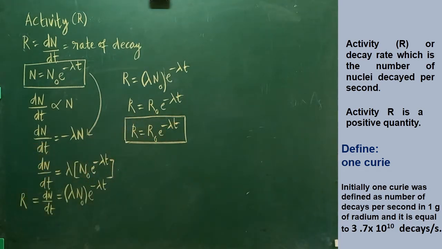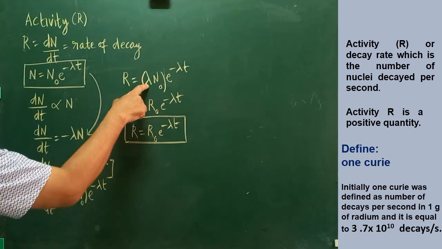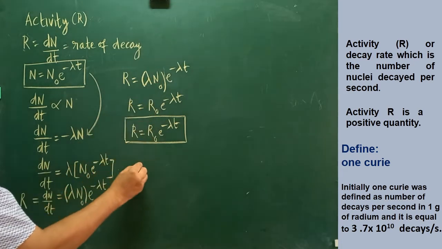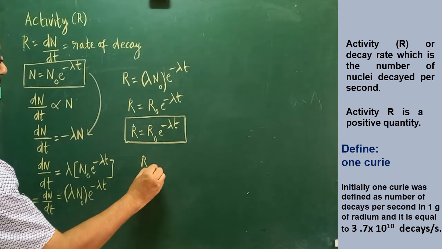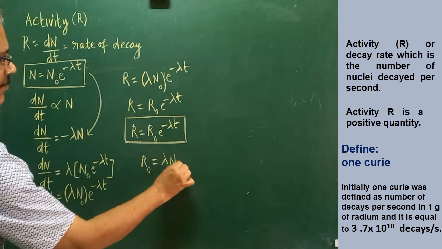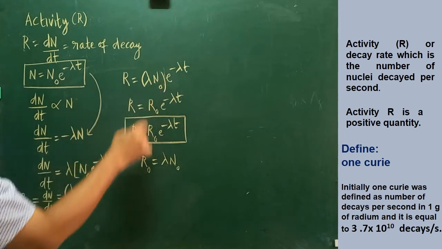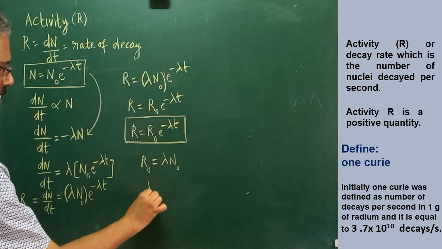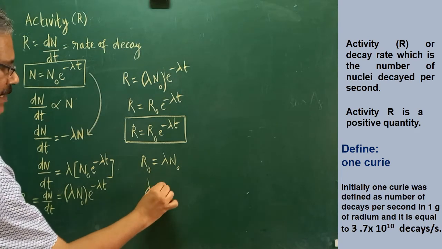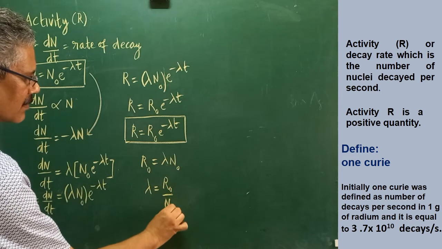Here, lambda N naught was replaced by R naught. I will rewrite this: R naught is equal to lambda N naught. Therefrom, we are able to get one expression: lambda is equal to R naught divided by N naught.